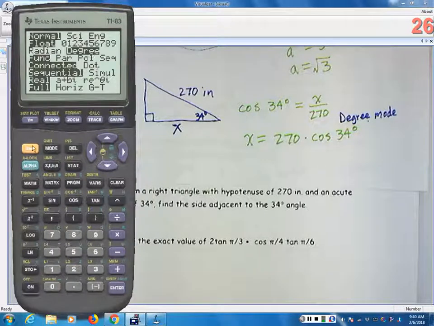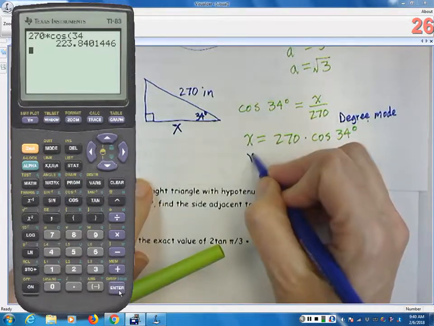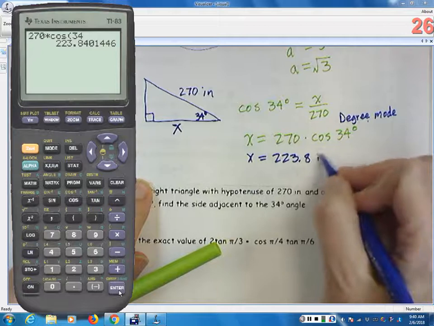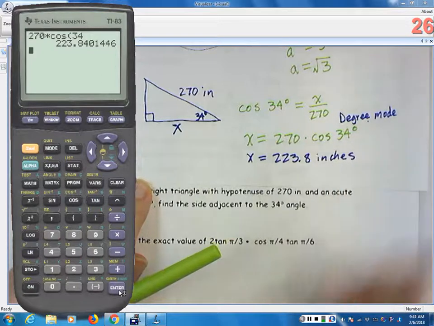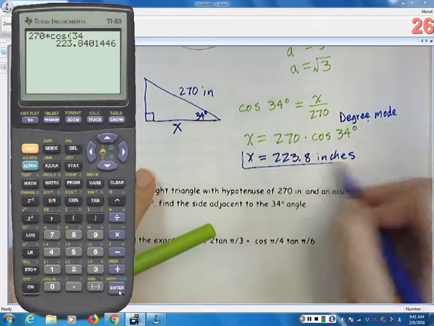So 270 times cosine of 34, and x is 223.8 inches. Should write the units down. There's the missing side that they wanted.